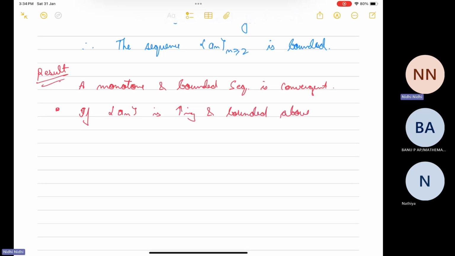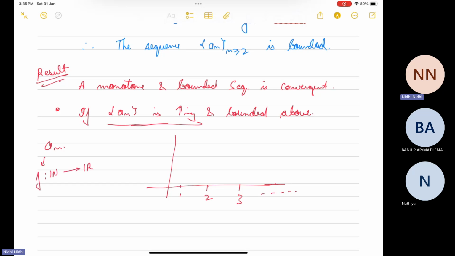One can notice what happens in this case: we have a sequence which is increasing. Suppose this is 1, 2, 3, and so on. If we plot the function corresponding to the sequence, we know that the sequence an can be written as a function from the set of natural numbers to the set of real numbers R. So this plot will be an increasing graph, and we are saying that it is bounded above as well. That means none of the terms will pass this line.